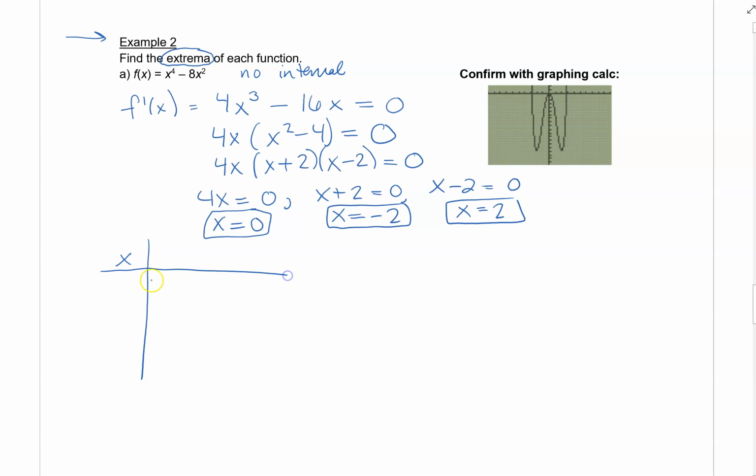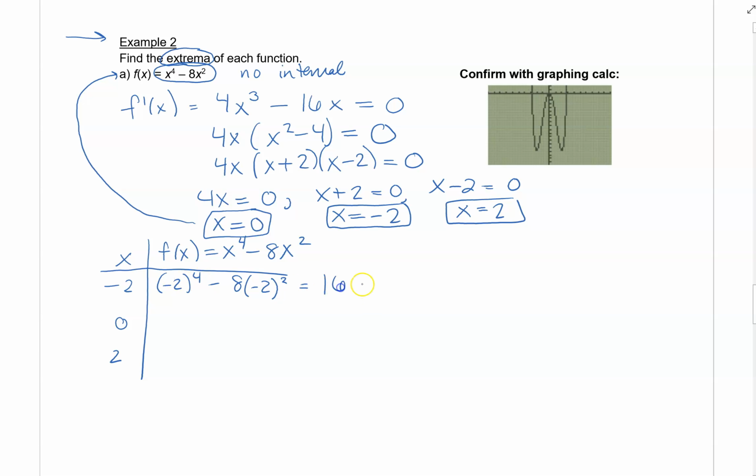Now once I get my critical points, I'll put them in order and plug these numbers into the original equation because I'm trying to figure out where that function hits high points and low points. So I'm going to plug it into the x to the 4th minus 8x squared equation. When I plug in negative 2, this becomes positive 16 minus 8 times positive 4.